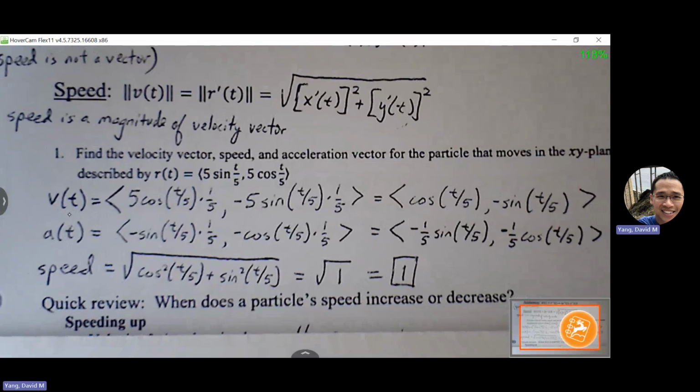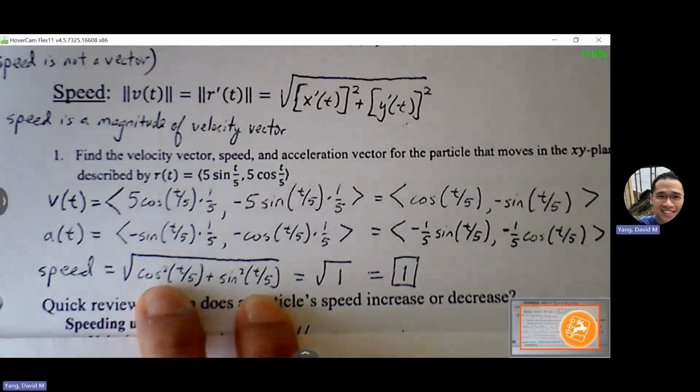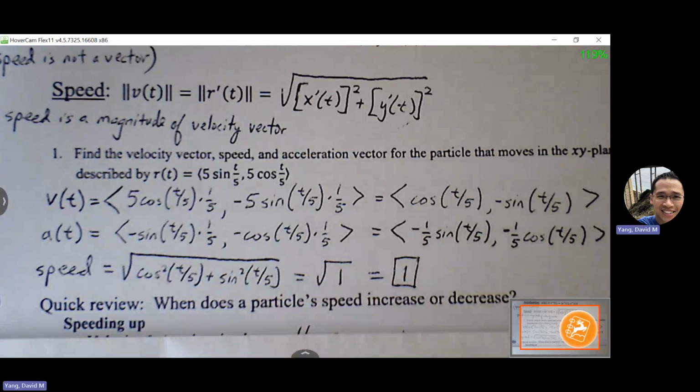And speed is just the square root of my velocity components added together. And the Pythagorean identity allows us to reduce that down to 1. The square root of 1 is just 1.